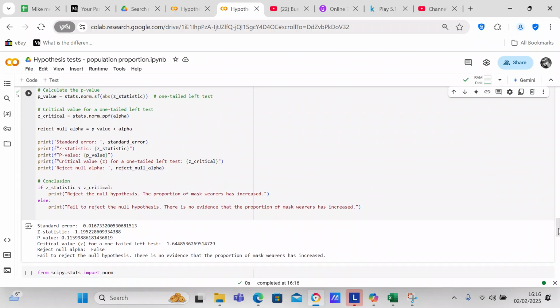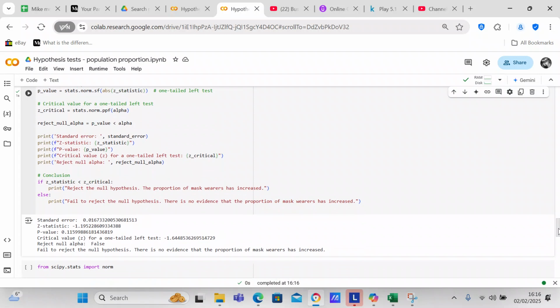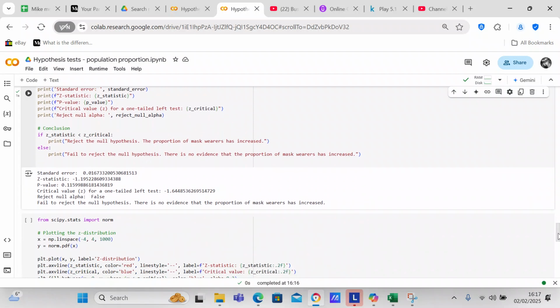And we printed off all of the variables, and now we're going to have the conclusion. So the conclusion is, if z-statistic is less than z-critical, reject the null hypothesis, the proportion of mass squares has increased. Else, fail to reject the null hypothesis, there is no evidence that the proportion of mass squares has increased.